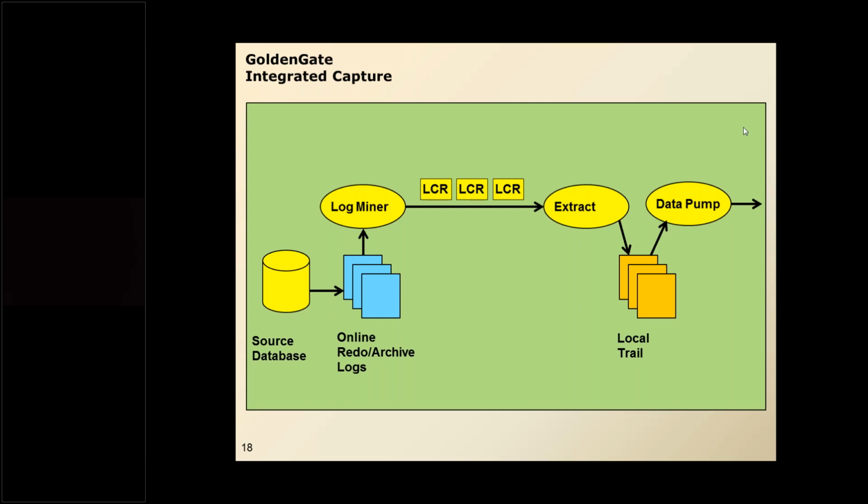Basically, LogMiner has a copy of the online redo logs, meaning all inserts, updates, deletes, and DDL. To understand LogMiner, it is nothing but a copy of redo logs. Redo logs contain committed as well as uncommitted transactions, and the same goes for LogMiner.